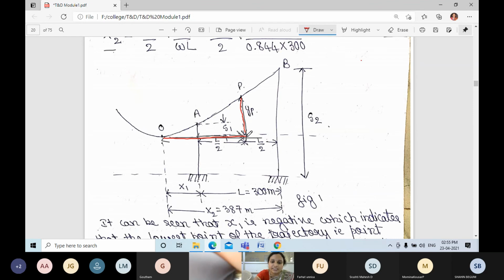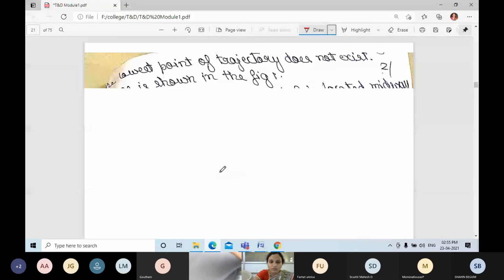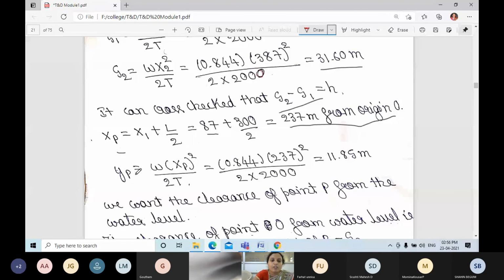From here to here, the red line, if you add x1 plus L by 2, then that will become xp. So next, yp, we don't know the value of yp.